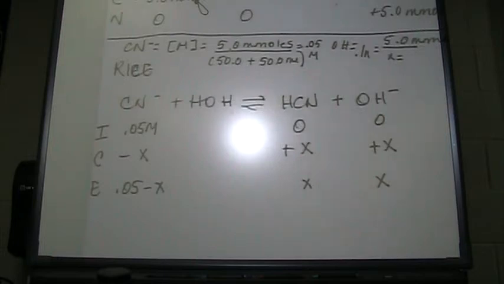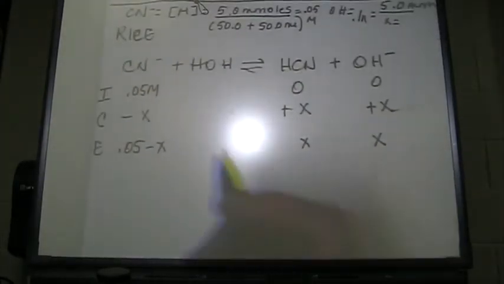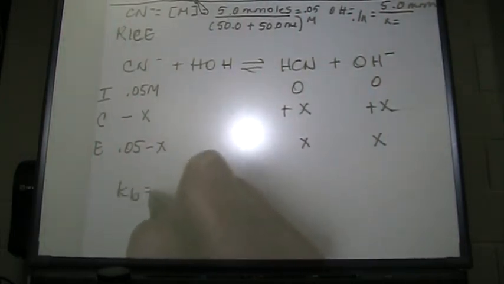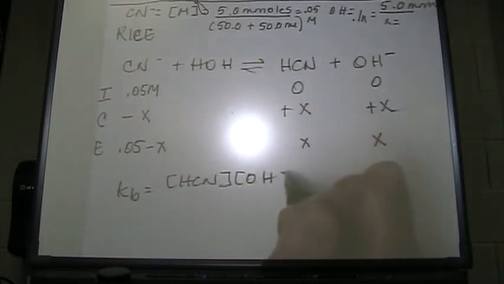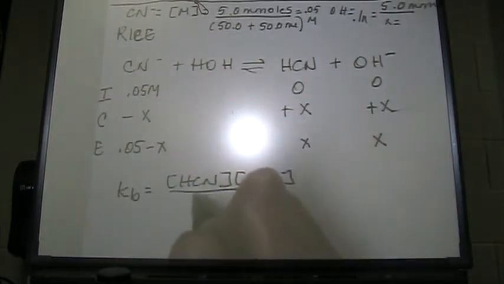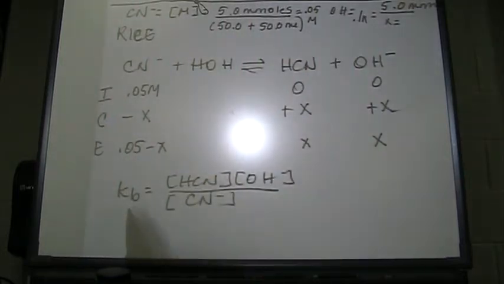Now, you need to write the equilibrium expression that goes with this equation. Isn't it Kb? Yes, Kb. You're given Ka in your problem.